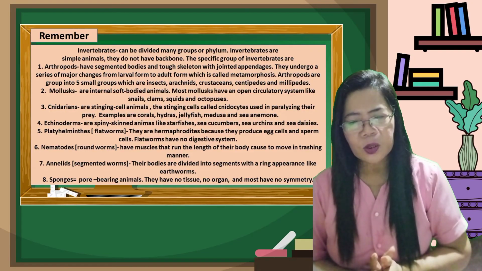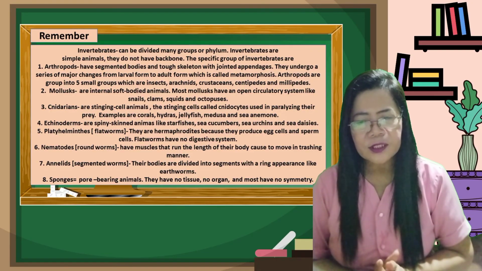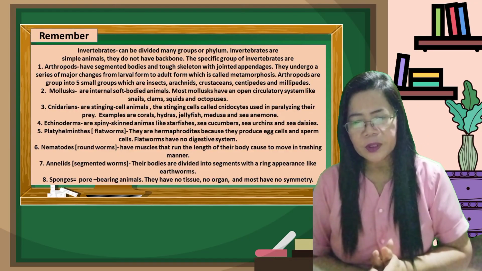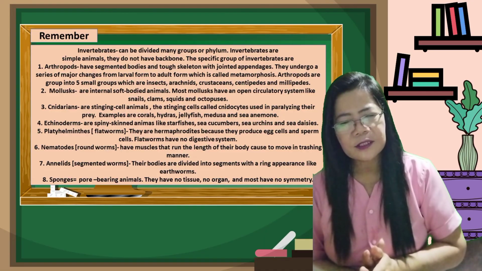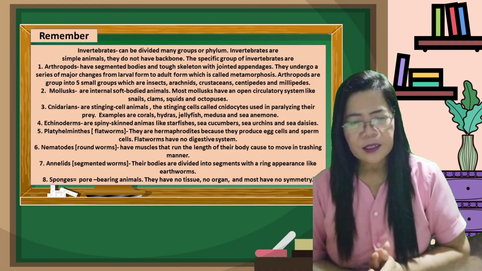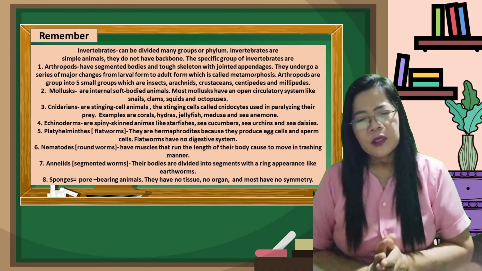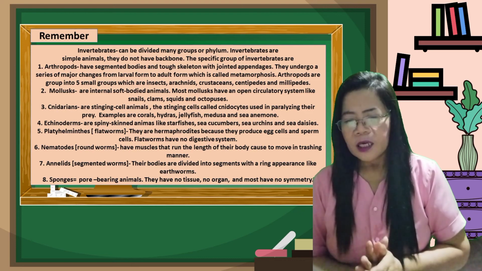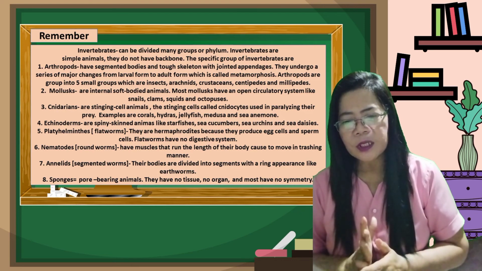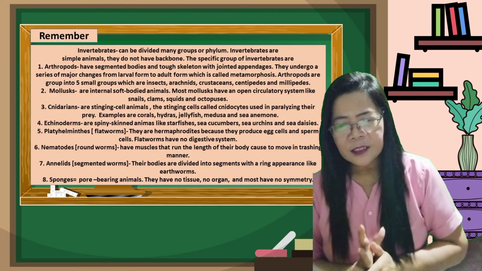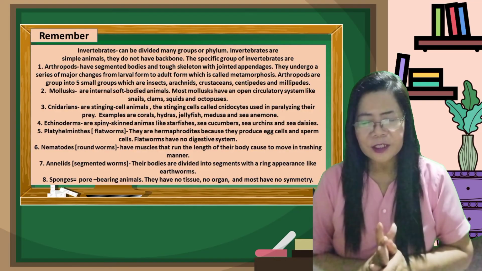The stinging cells, called cnidocytes, are used in paralyzing their prey. Examples are corals, hydras, jellyfish, medusa, and sea anemone. The fourth group of invertebrates are echinoderms. Echinoderms are spiny-skinned animals like starfish, sea cucumber, sea urchins, and sand dollars.